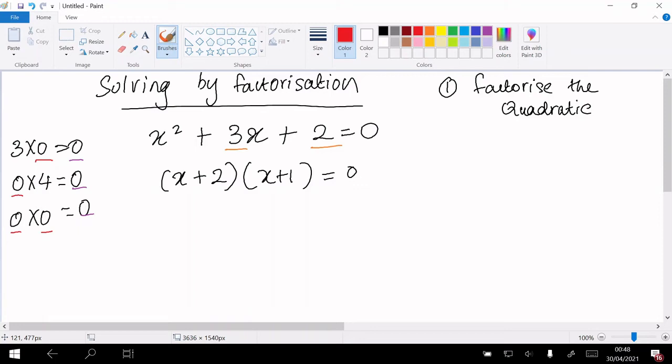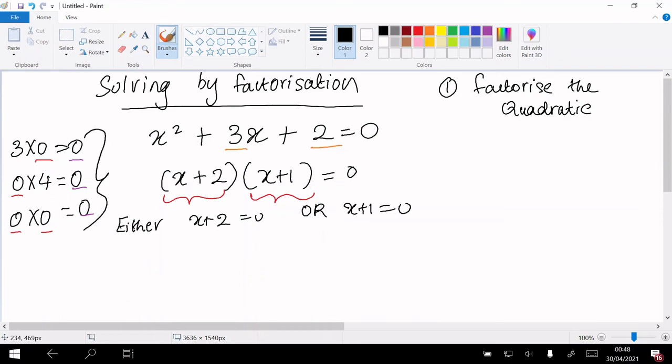So if you look at the scenario we have here, x plus 2 is multiplying x plus 1 to give you 0, which means either x plus 2 is equal to 0 or x plus 1 is equal to 0. So that's where this fact is being used.